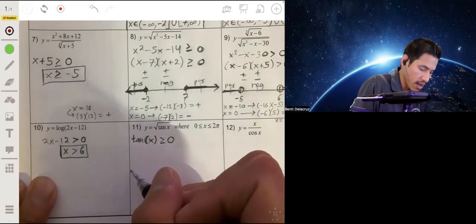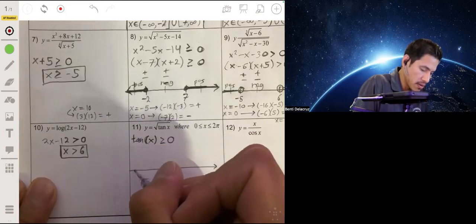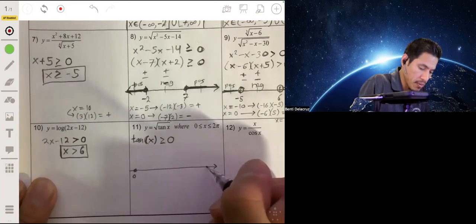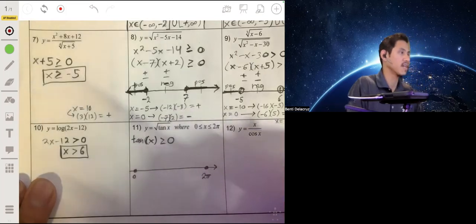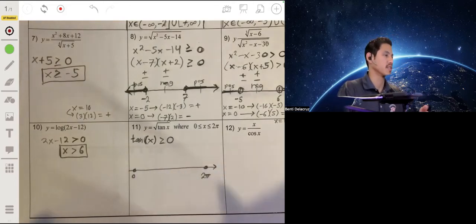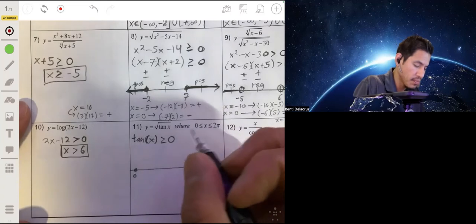So let's actually just draw a graph of a number line going from 0 to 2 pi. And what I'm going to do is draw a sketch of the tangent function on this interval so you can see what's going on. The refresher in case you need it.